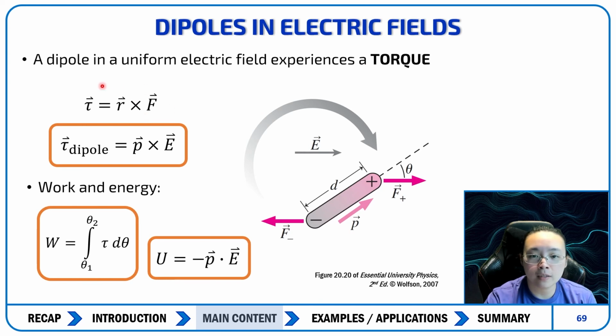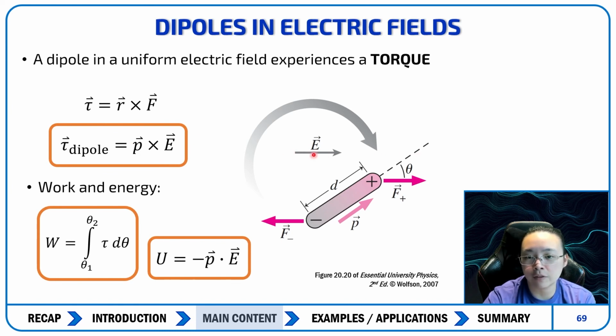A torque is defined as R, the moment arm, cross multiplied by the force applied. This is the force that's being applied at a certain angle. Now, we won't be testing you on this, but the torque that comes from a dipole is simply going to be the dipole moment multiplied by the electric field.